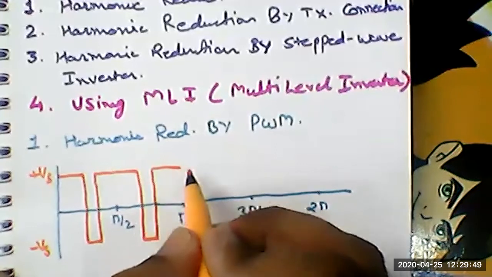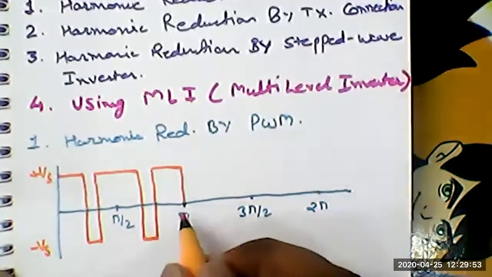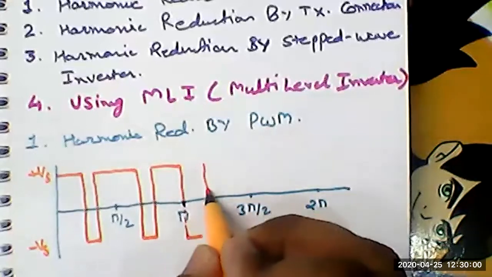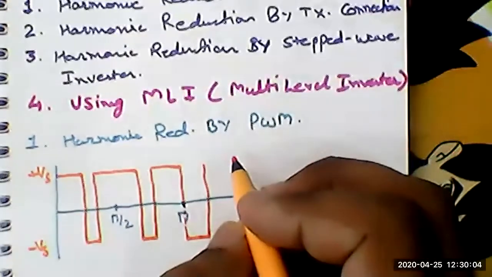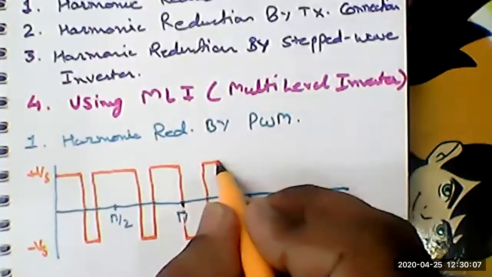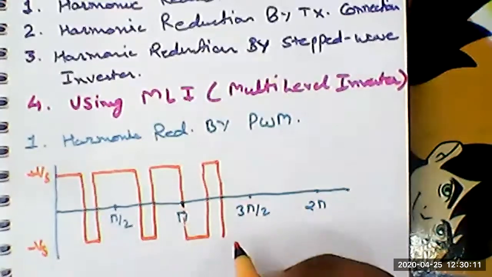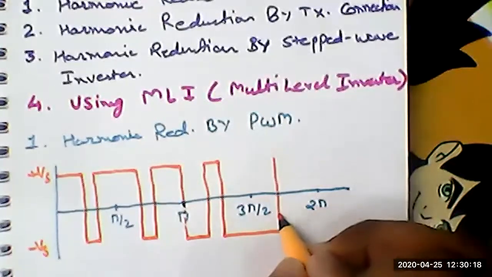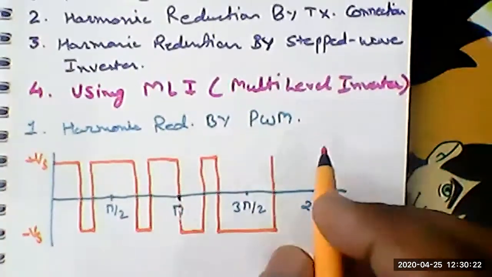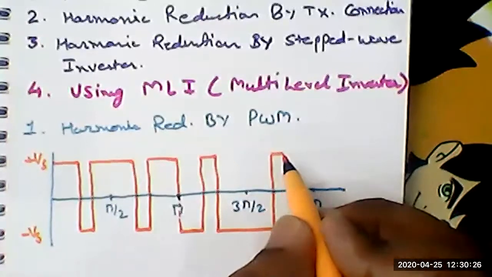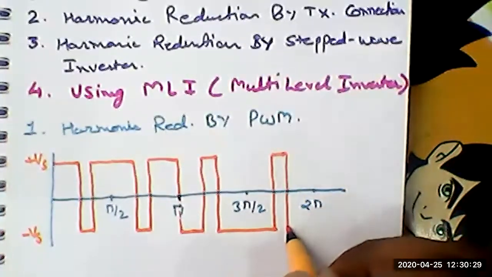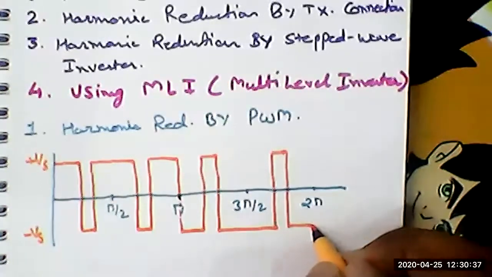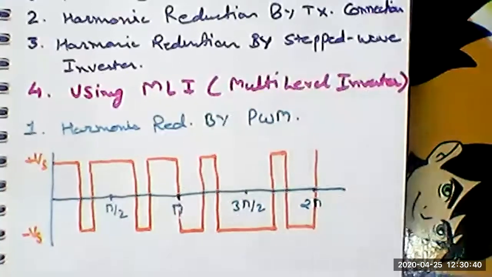After this it is plus Vs, then we have minus Vs, then we have plus Vs, and then we have minus Vs, then again we have plus Vs, then we have minus Vs, and that's it.